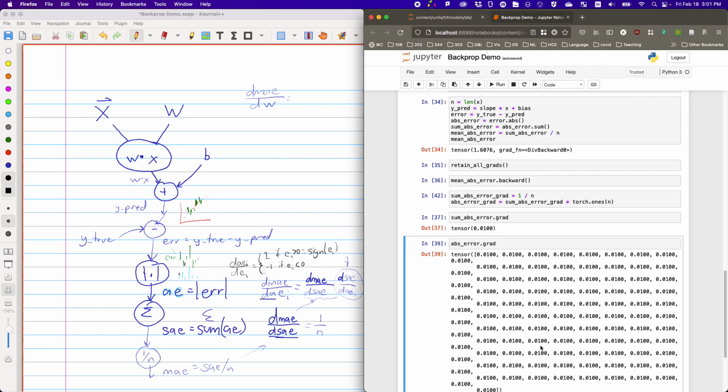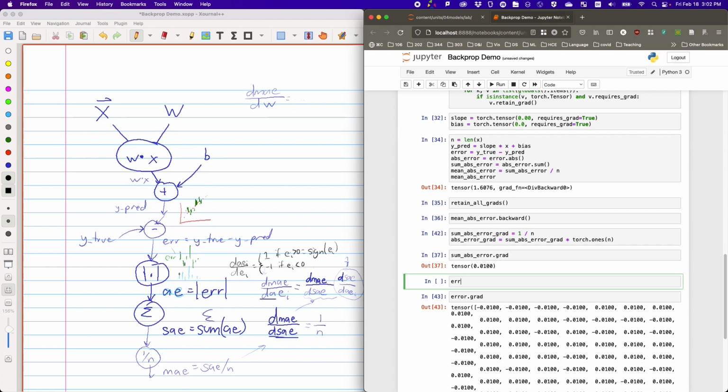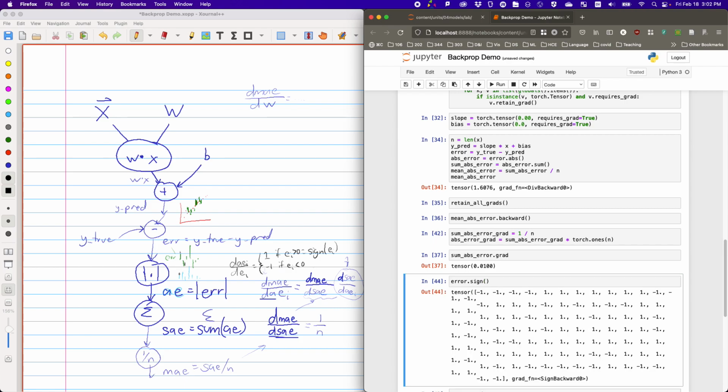So let's just look at what that is. If we look at the absolute error grad, we see some negatives and some positives. And let's look at what our error sign is, and there's negatives and positives.